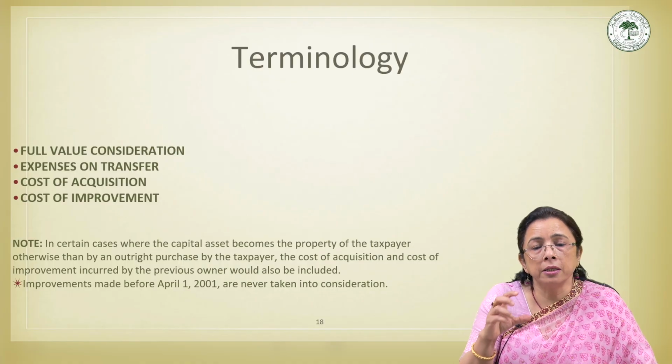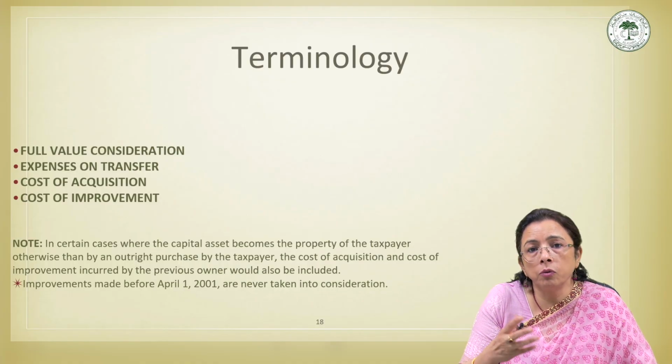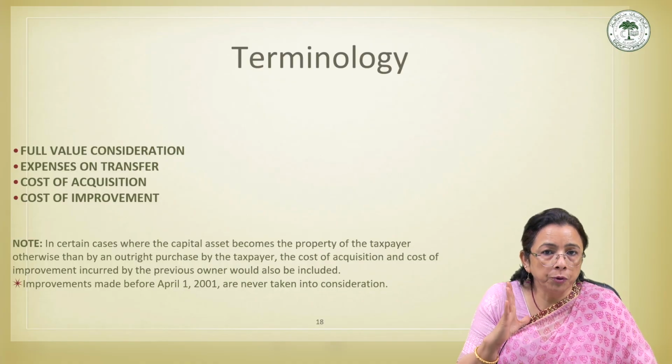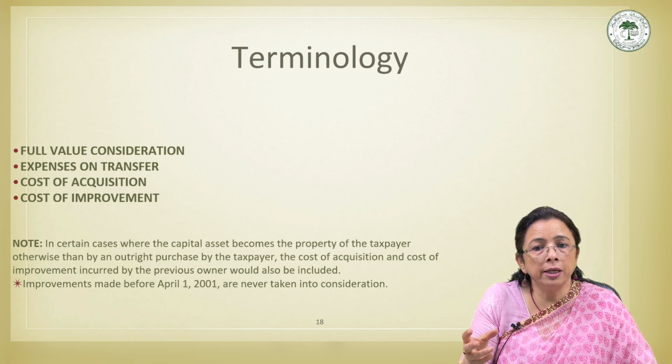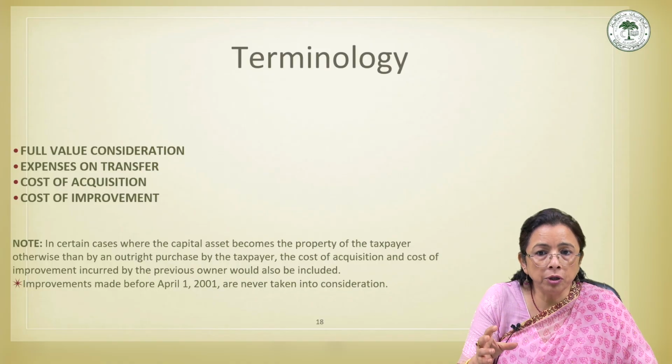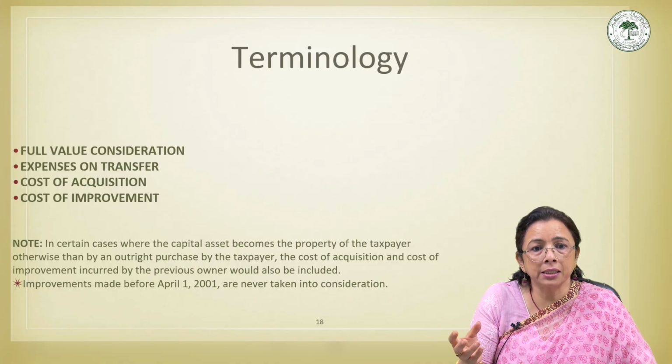So to make it more clear, let me go with an example. Suppose Mr. A sells a house for rupees 50 lakhs, but the stamp duty value is rupees 60 lakhs.